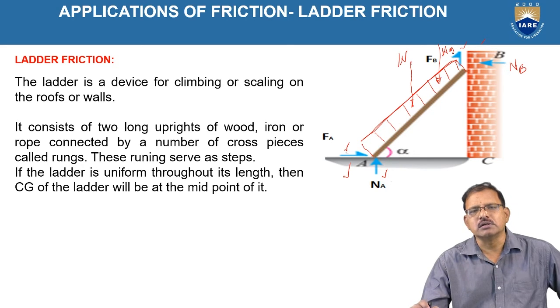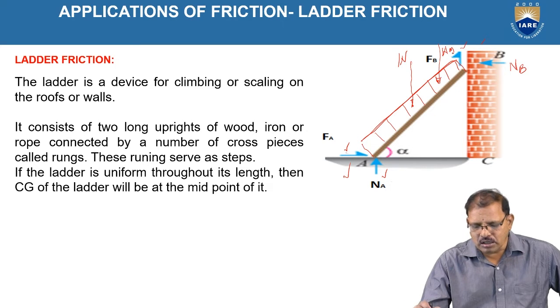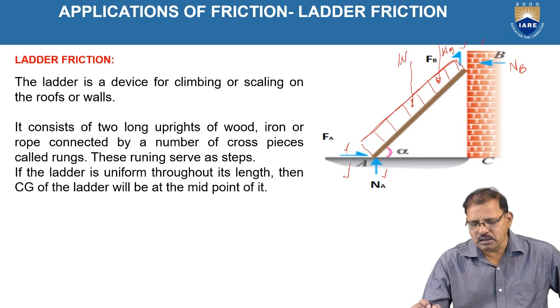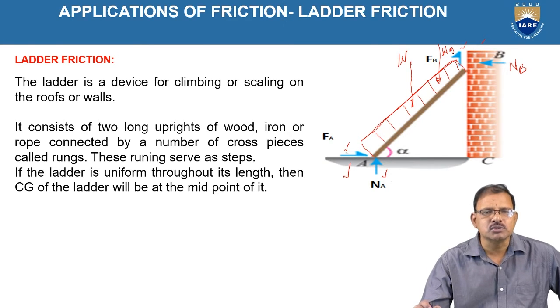And third, the moments created by the components of forces at any point should be equal to 0. Here, according to this problem, at A there are two unknown forces, FA and NA, and at B, FB and NB are there. Hence, while taking moments, points A or B are most suitable.